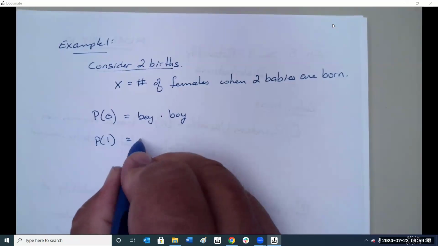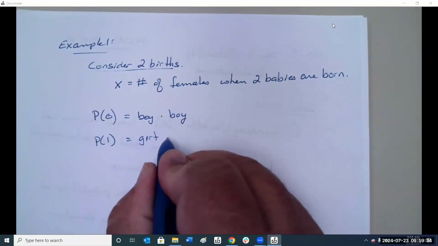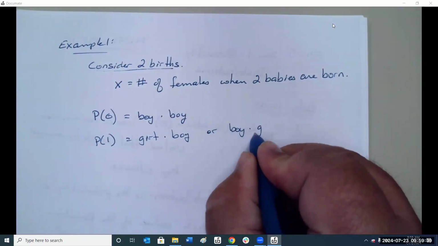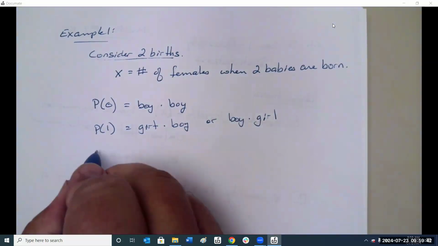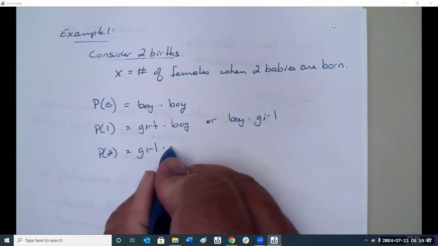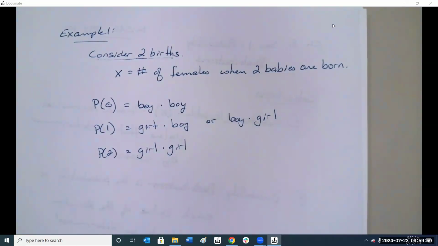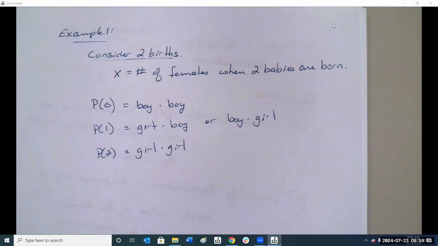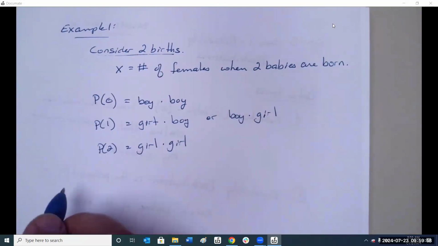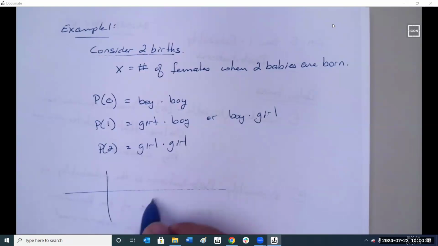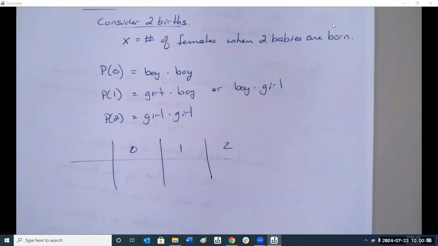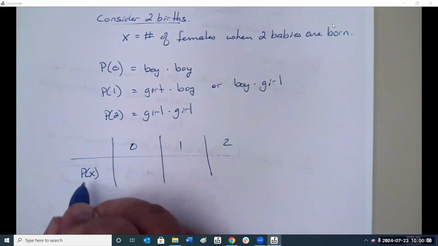We have one female born, that's a girl and a boy, or a boy and a girl. Or they're both girls. So what are the probabilities of 0, 1, and 2?